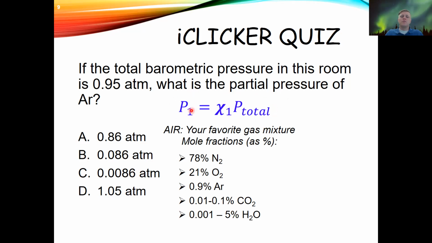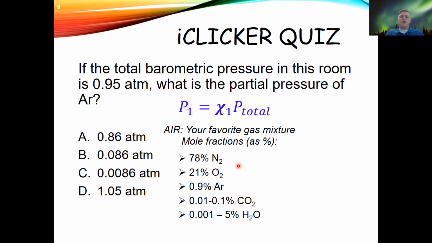This is an equation that we can derive just from the equations on the last two slides. You're also going to need to know that air is made up of all these different gases: 78% nitrogen, 21% oxygen, 0.9% argon, and trace amounts of CO2 and water. Go ahead and pause the video right now. See if you can figure this one out.